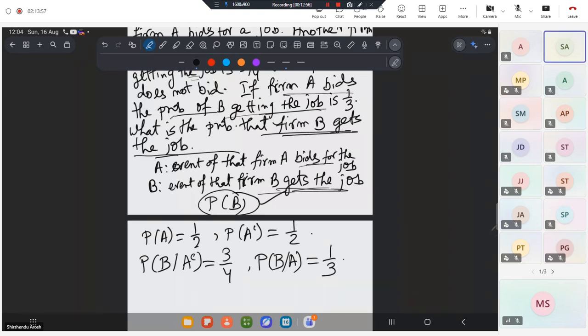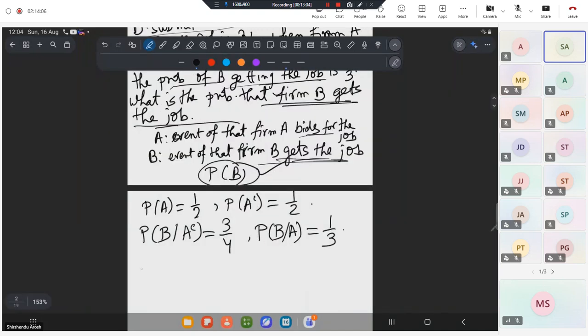If you remember, we talked about the probability of B in terms of the complement, and I gave an equation. We are going to use that equation: P of B equals P of B given A multiplied by P of A, plus P of B given A complement multiplied by P of A complement. So all the numbers are here.